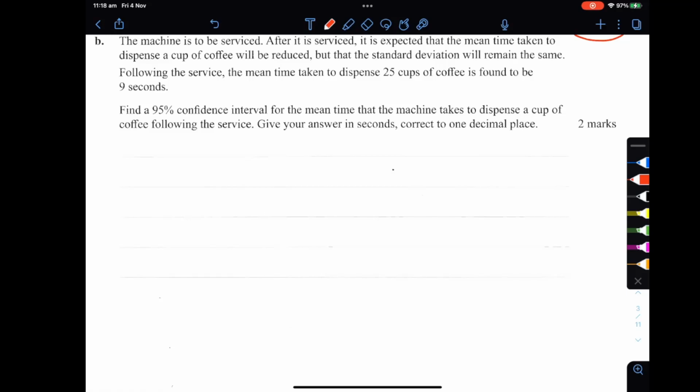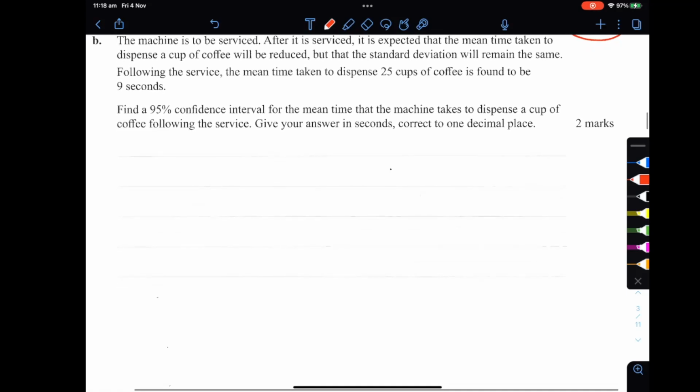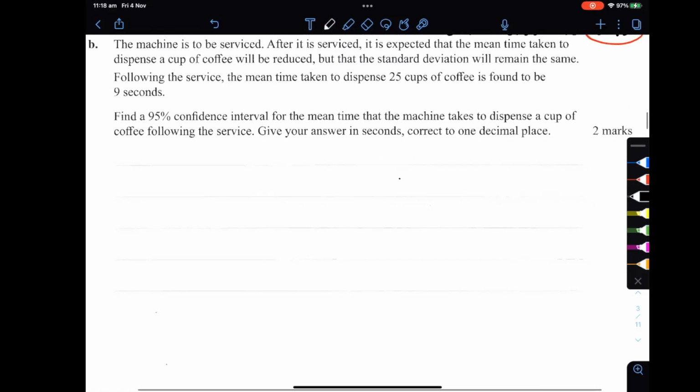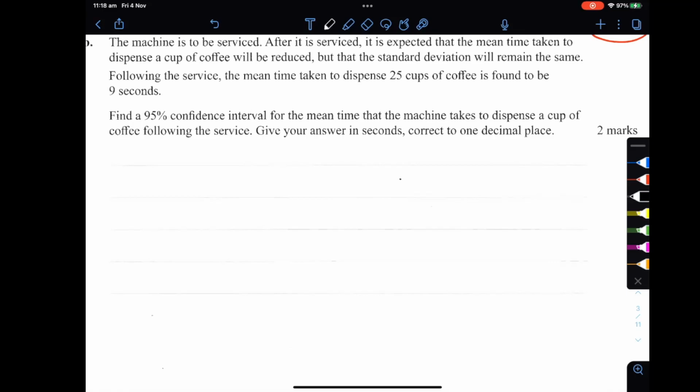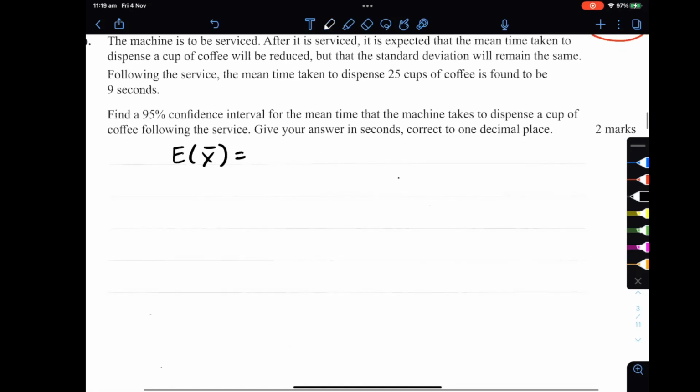Anyway, the machine is to be serviced. After it's serviced, find the 95% confidence interval. Okay, so let's find the mean and the standard deviation. The mean time will be reduced. The mean time we're told is 9 seconds.